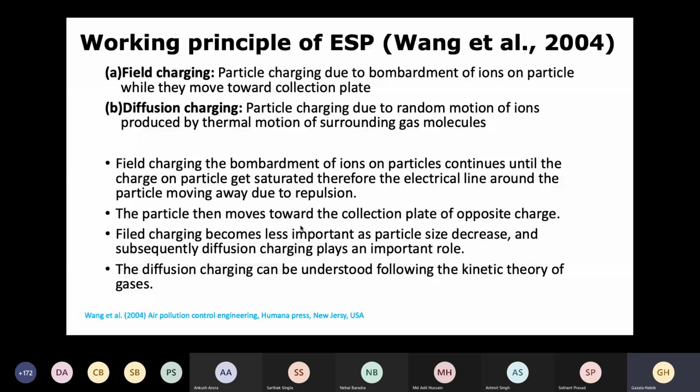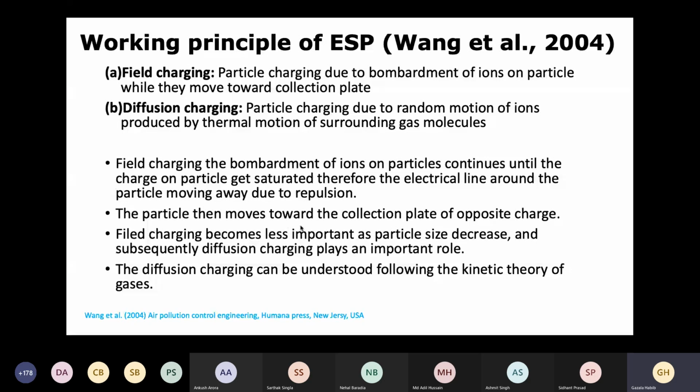But if the particles are very small, then diffusion charging may take place, and this is because of the random or Brownian motion of the gas molecules, which govern the motion of the ions. Because of this random motion of ions, which is produced by the thermal motion of surrounding gases, the particle gets charged, and this charging is for small size particles.